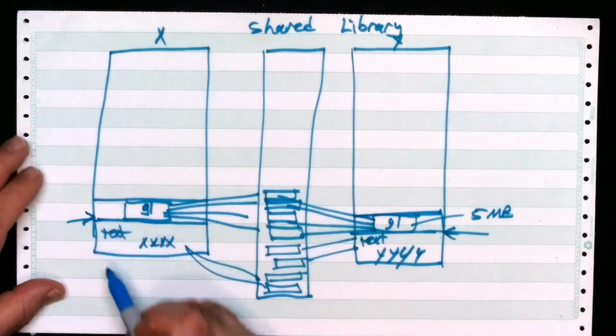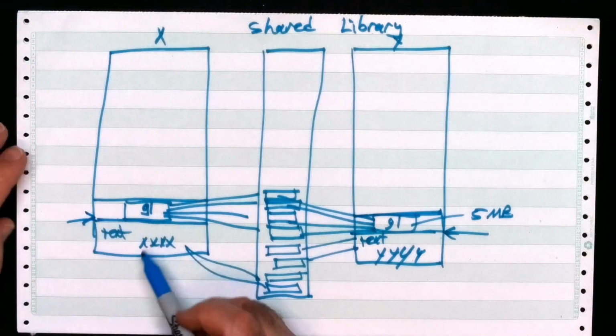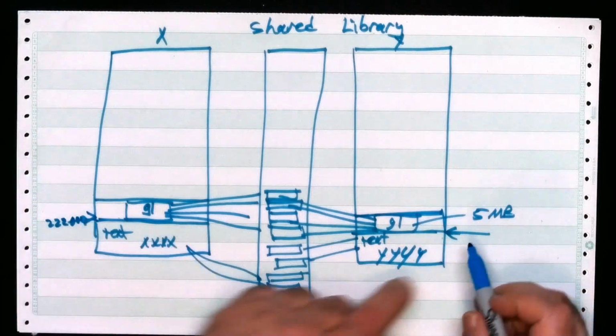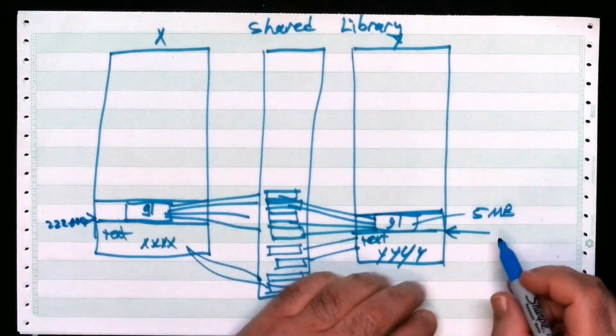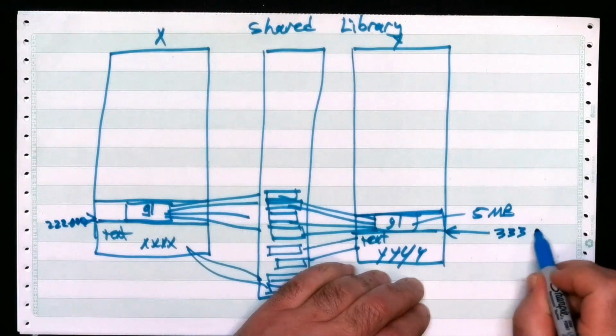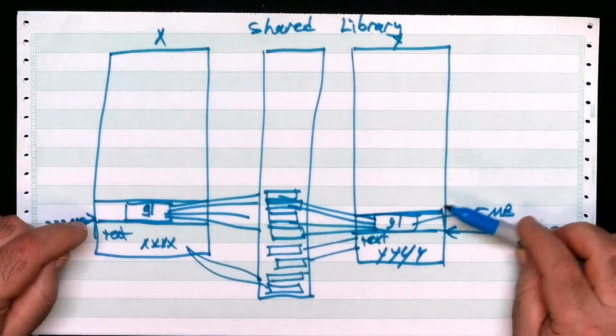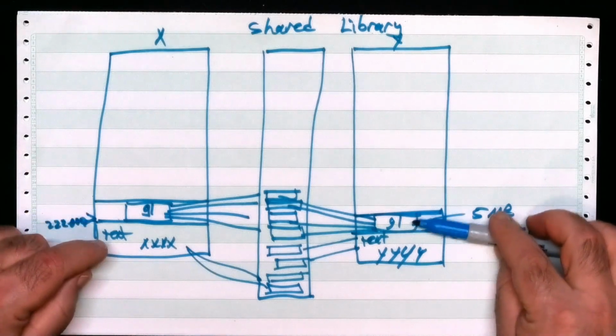Okay, so maybe the address of the graphics library here is 222,000. And over here, it just so happens to have to run at 333,000.